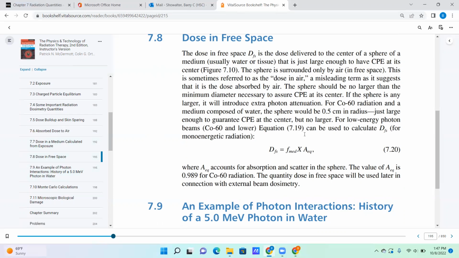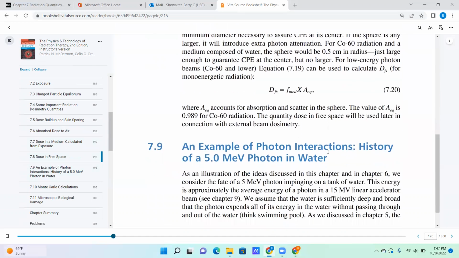For low energy photon beams, equation 7.19 can be used to calculate the dose in free space for a monoenergetic beam, where A sub EQ accounts for the absorption and scatter in the sphere. The value of A sub EQ is 0.989 for cobalt. The quantity dose in free space will be used later in connection with external beam dosimetry.